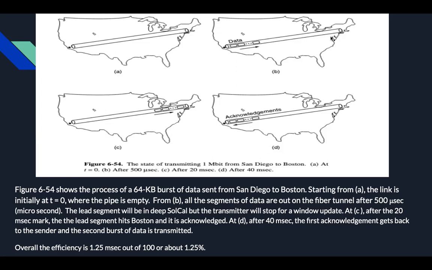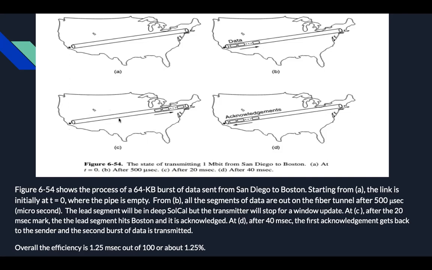After 500 microseconds, the lead segment will be in the deep part of Southern California. However, the transmitter will stop for a window update. And then we get to point C. This is after the 20 millisecond mark.